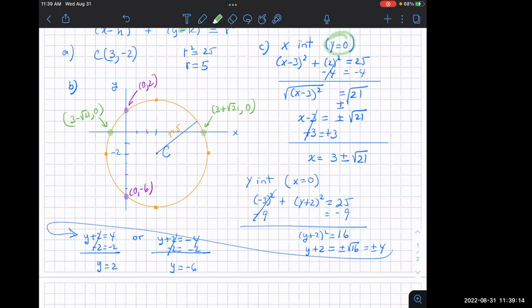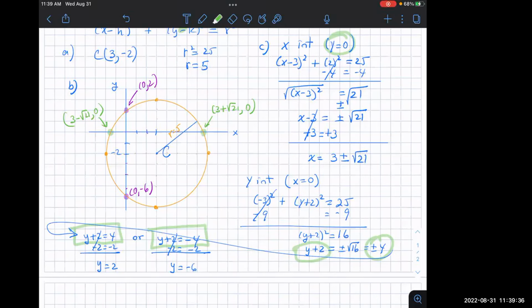But do you see, if you have y plus 2 equals plus or minus 4, really we have two equations here, one with the plus 4 and one with the minus 4. And that's what I did here on the left side: y plus 2 equals 4, y plus 2 equals negative 4. So I separated into two equations.